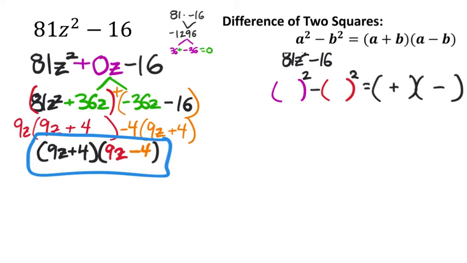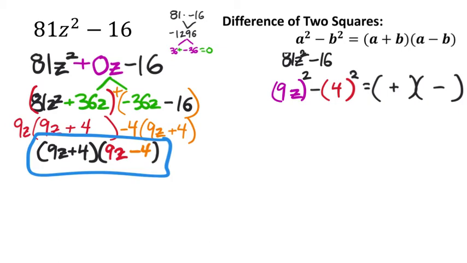But 81z squared, I can square root both of those. Of course, the z is going to come out very nice. But 81 square rooted, that's 9, because 81 is a perfect square. But 16 is as well. Square root 16, boom, you get 4. Now, this original expression, 81z squared minus 16, I didn't change the value of it. I just changed the way it looked.